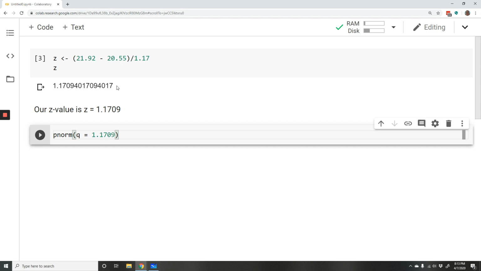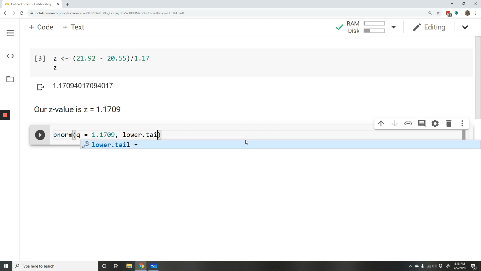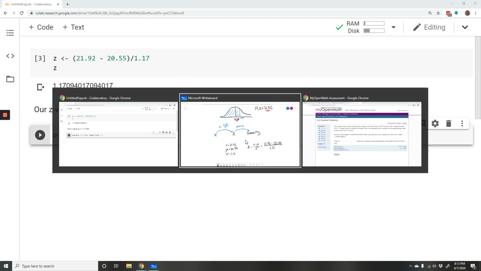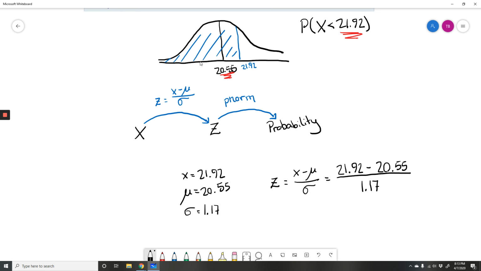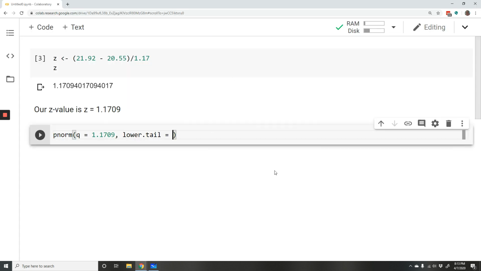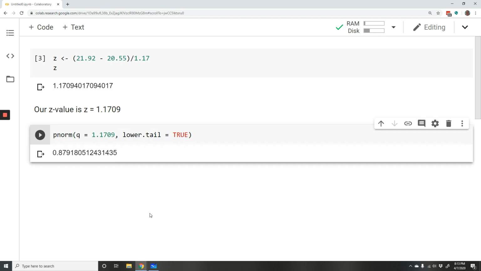And if you want to be extra careful, you could copy and paste it in, though 4 decimal places is probably fine. And we have to decide what kind of tail we want. So if we go back to our original picture, we could look to see what side of the tail we shaded in. And we could see here that we shaded in the lower tail, okay, because we want values less than 21.92. So I'm going to have lower tail is true. So run that, and there it is. There is our probability.